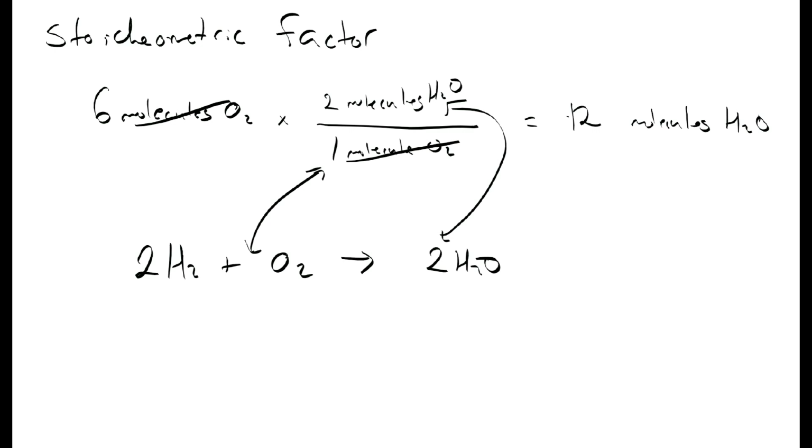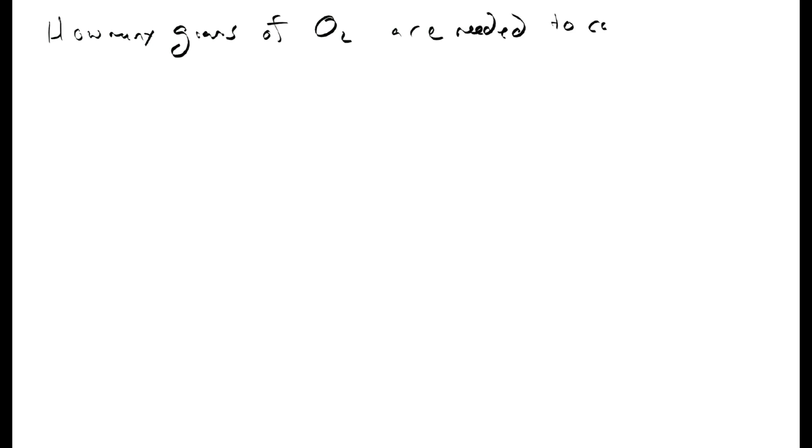So let's look at a different example. We're going to be throwing a lot of math at you with this one because we're going to start with, how many grams of oxygen are needed to completely react, let's call it 15.00 grams of propane.